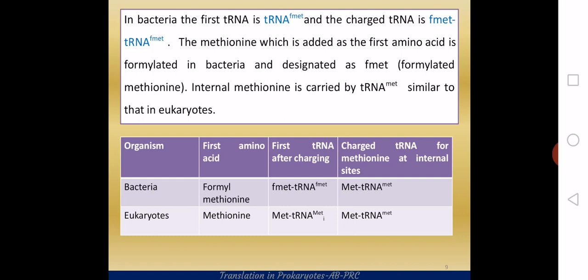Right. So tRNA fMet will be the first tRNA to be used for protein synthesis in the bacterial system, which is not the same in eukaryotes. And the internal codons for methionine will be identified by different tRNAs, denoted as tRNA-Met, not fMet.